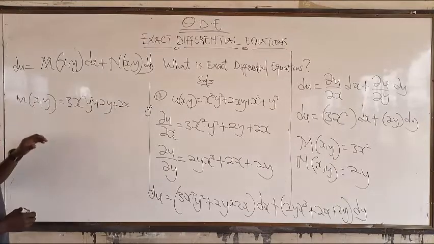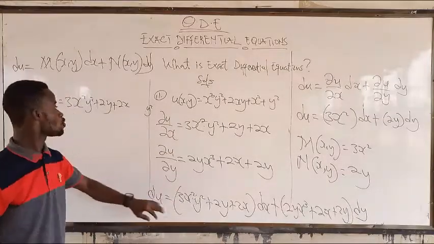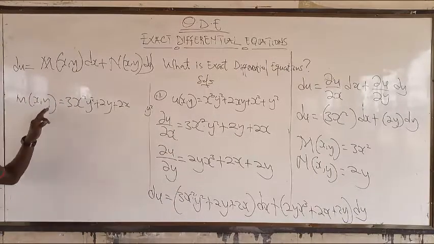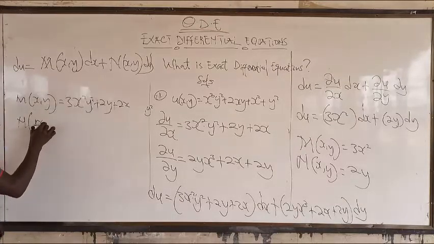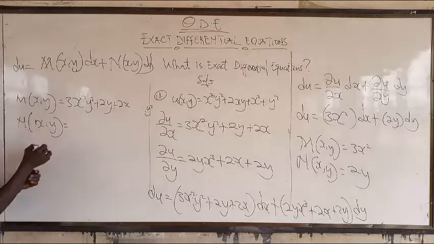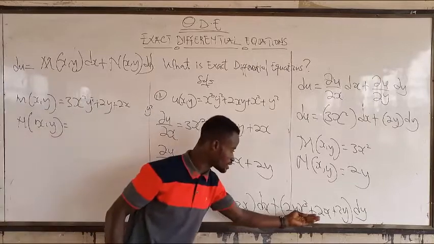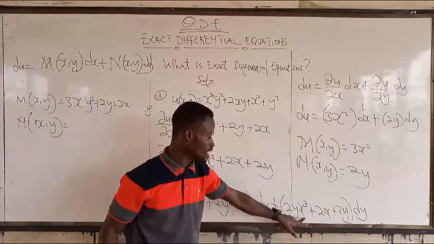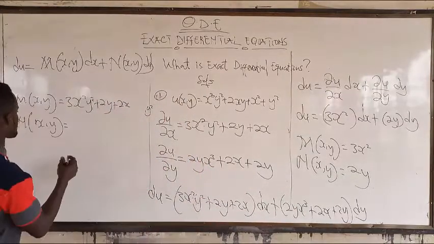So this total derivative of u with respect to x represents the M(x,y), and the N(x,y) you see that one is attached with the dy. So you get to represent it here. This is the dy. So the one attached with it is the function N of x and y.